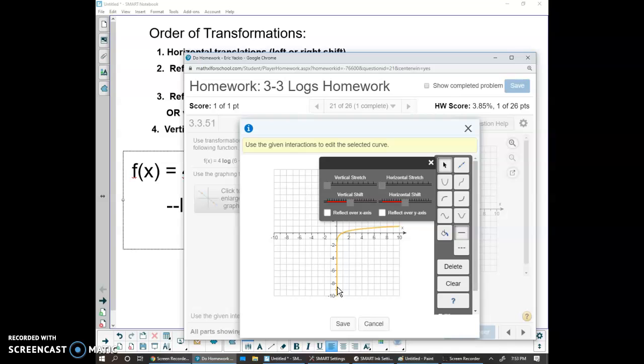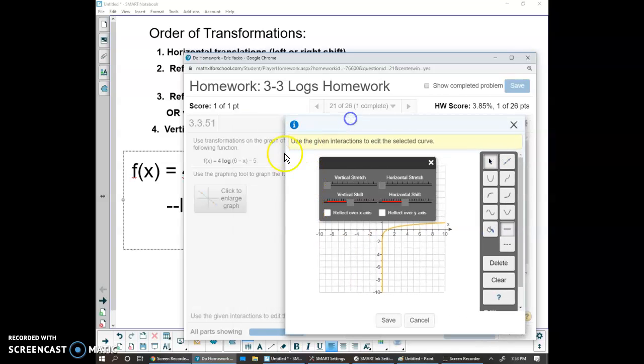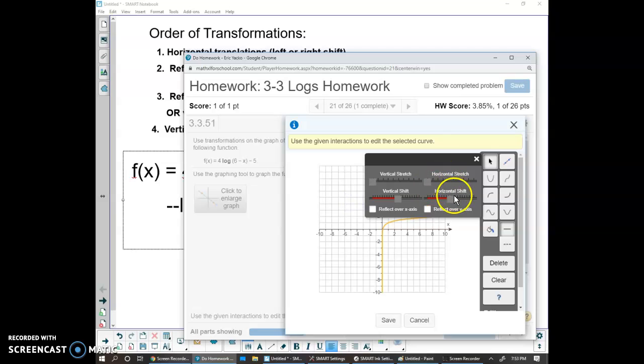All right, so let's go through what this one actually does. We're going to see the 6 there. That's +6. Remember, horizontal shifting is backwards, so instead of going right 6, the +6 actually makes it a horizontal shift of left 6. And then the -x, another horizontal movement, is a reflection over the y-axis.